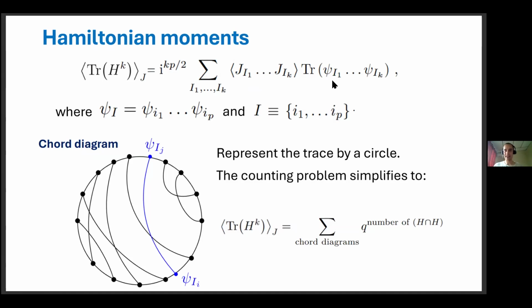This is when you take the ensemble average of the Hamiltonian, you take a trace with certain powers, and this is what you call the Hamiltonian moments.